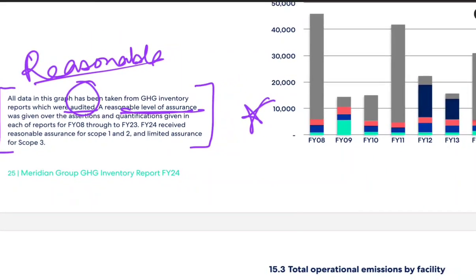Okay, so this is also very important. Yeah, then financial year 24 received reasonable assurance for scope 1, 2 and limited assurance for scope 3.